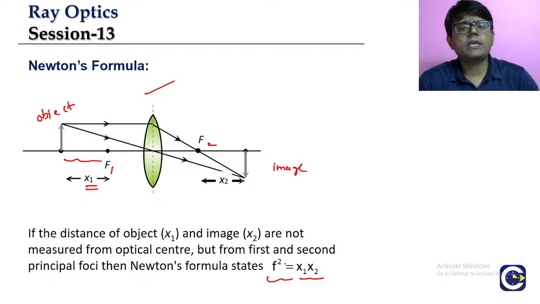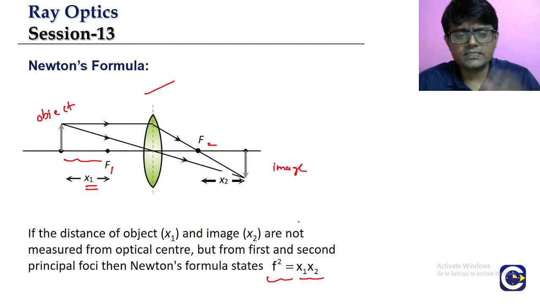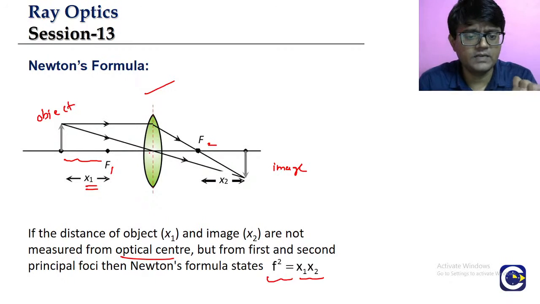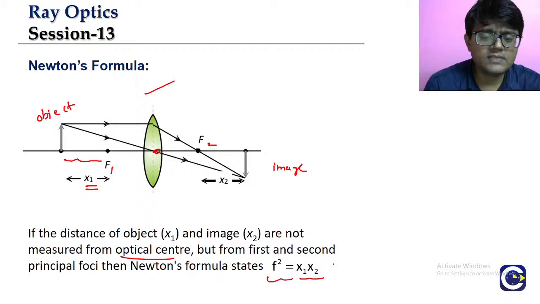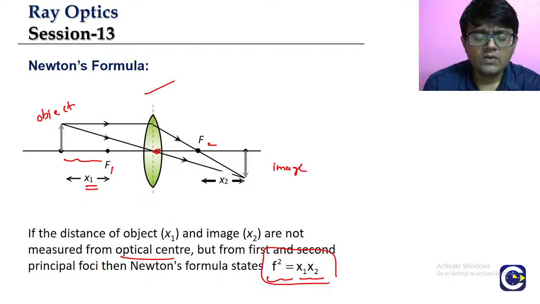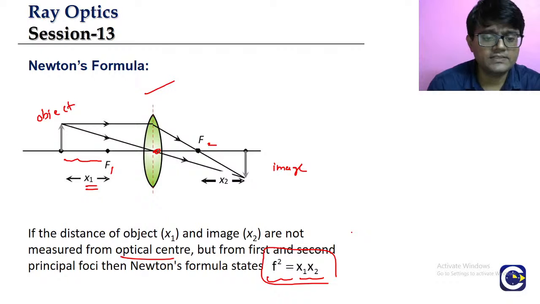So instead of looking at the distance of the object and the image from the optical center, as we generally measure, we are measuring from the focal points. Now we can see how this f square equal to x1 into x2 will come. If you use the lens equation, from there we will be able to get this.